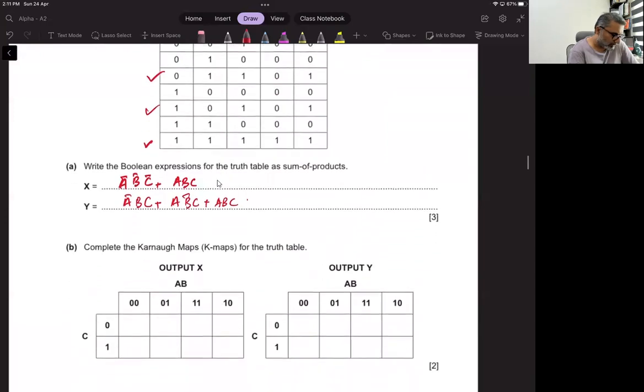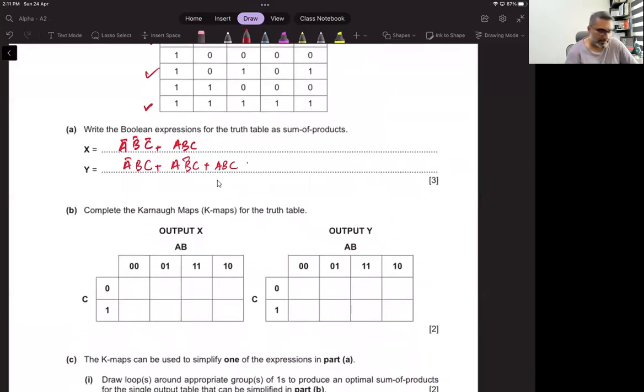Complete the Karnaugh map. All right. So 0, 0, 0. 1, 1, 1.